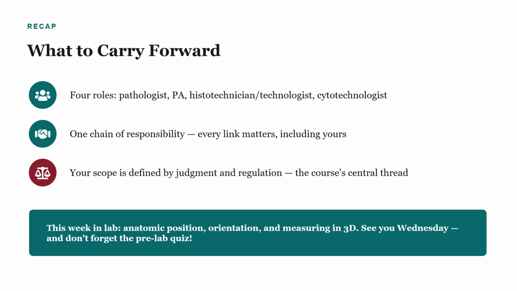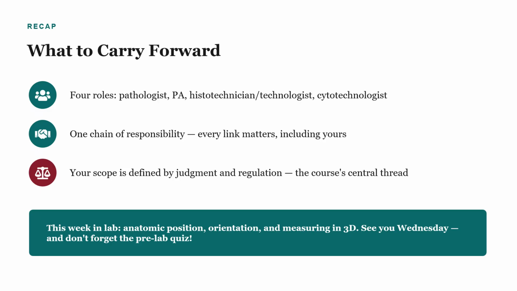So let's pull it all together. Three things to carry forward from this lecture. First, four roles do the core work: the pathologist assistant, the histotechnician and technologist, and the cytotechnologist. And you now know what each one does.